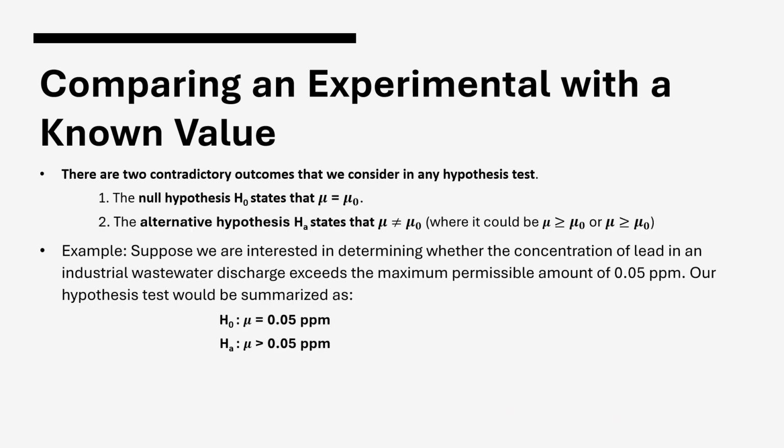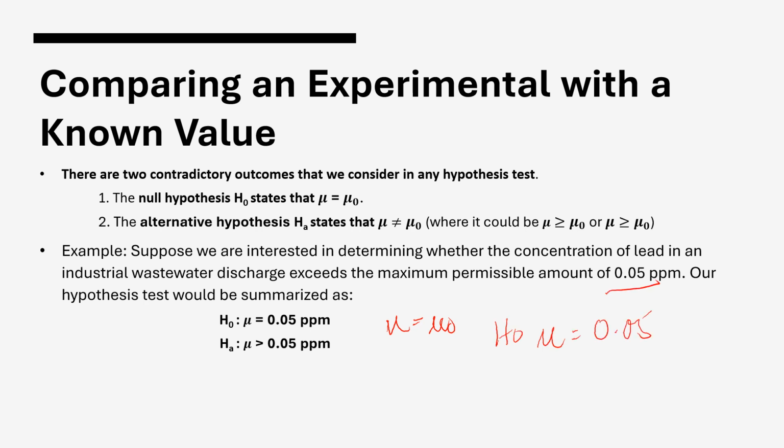Next is an example. Suppose you are interested in determining whether the concentration of lead in an industrial wastewater discharge exceeds the maximum permissible amount of 0.05 ppm. So what are the hypotheses? Of course, you have your null hypothesis first, that your mu is equivalent to your mu naught, or your population mean is equivalent to your known population mean, which is 0.05.